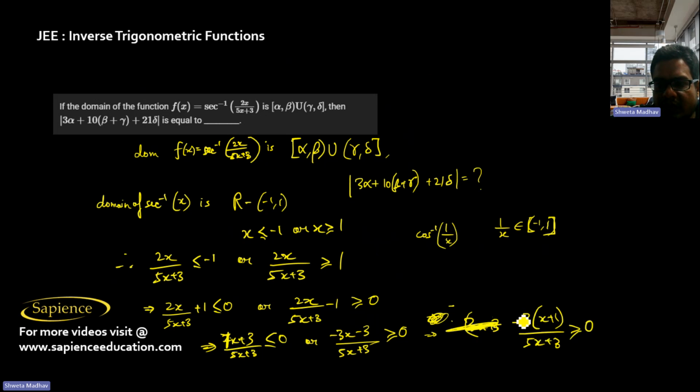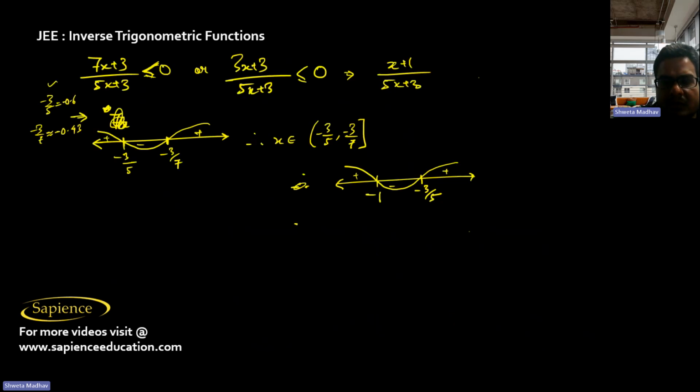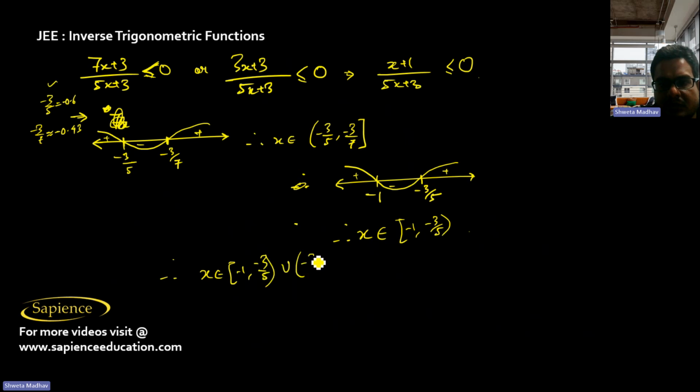If we change this negative sign to positive, the inequality will also change, so this should be less than 0. So only the negative part we have to take. Therefore x belongs to minus 1 to minus 3 by 5, which is excluded. So the net solution is x belongs to minus 1 to minus 3 by 5 union minus 3 by 5 to minus 3 by 7.